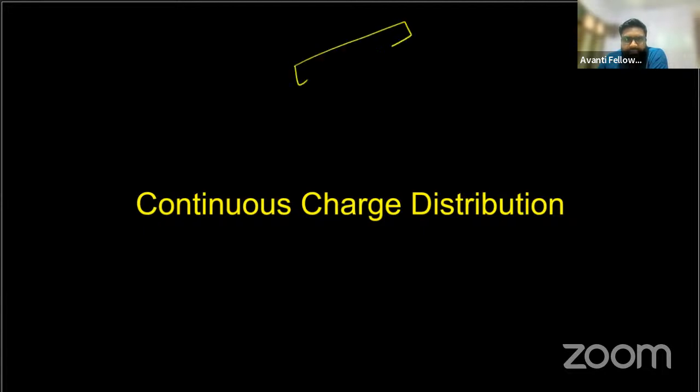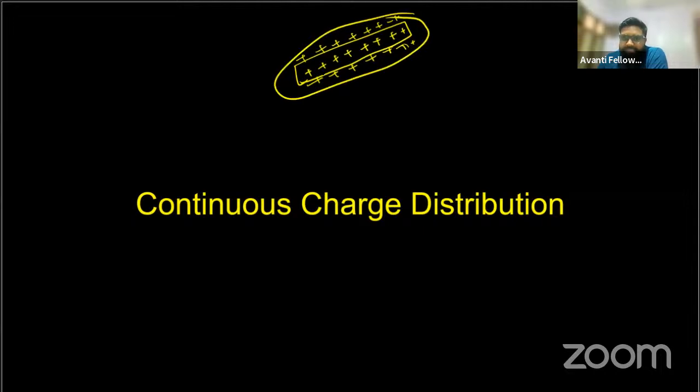For example, this is a rod, let's say a metal rod, and you have provided a charge Q. We know that due to conduction, all this charge will spread on its surface. Now you cannot see where the spacing between the charges is. So this type of charge distribution is termed the continuous charge distribution.